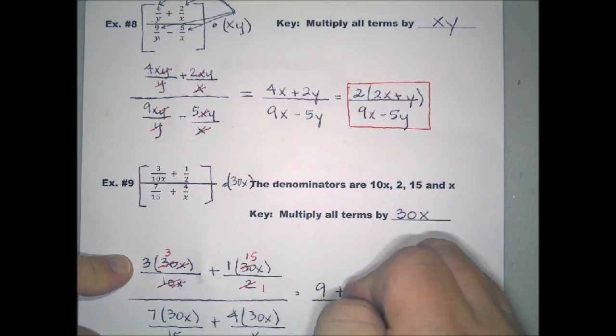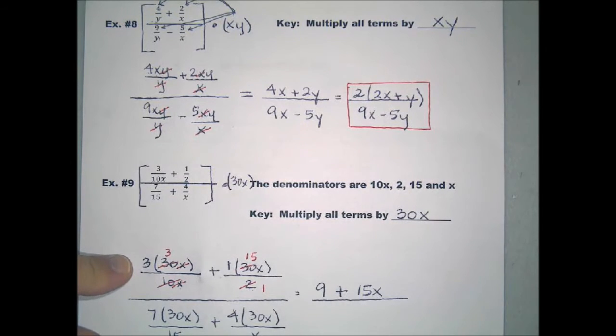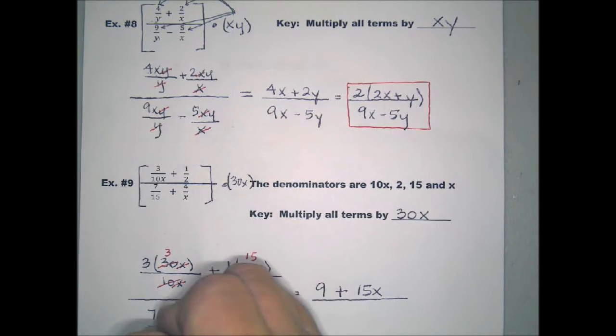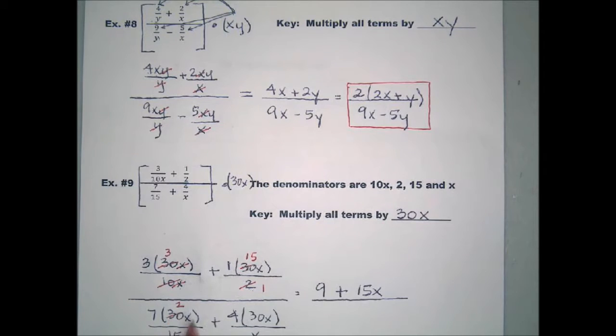So 1 times 15x is 15x. Down here, the 15 and the 30 can reduce to become 1 and 2. So 7 times 2 times x is 14x. And on this one, the only thing that can reduce is that x and that x. So this becomes 4 times 30, which is 120.